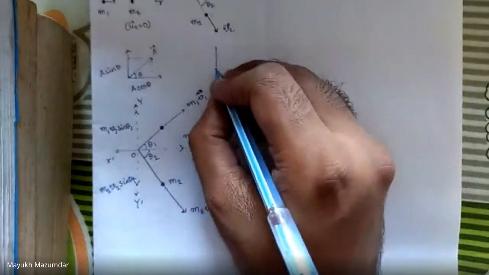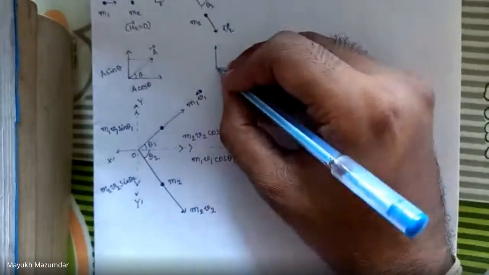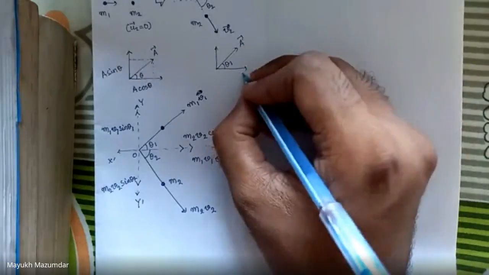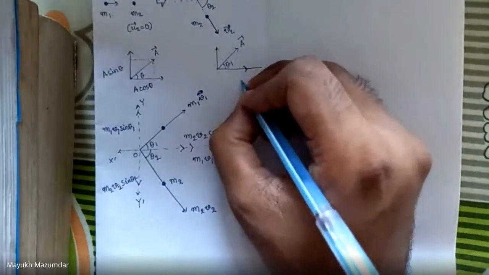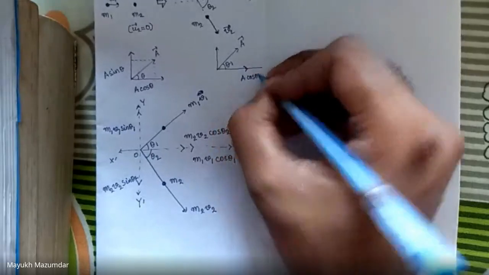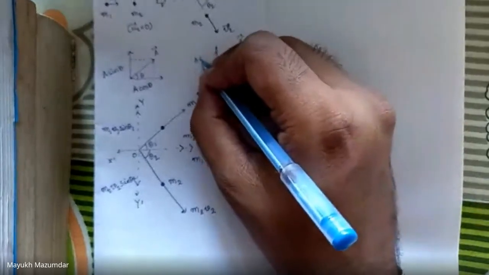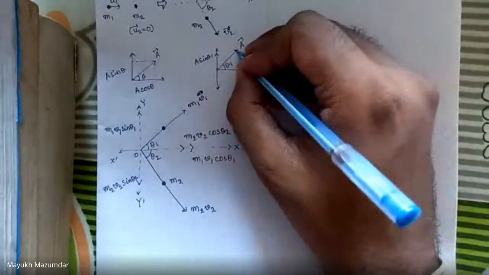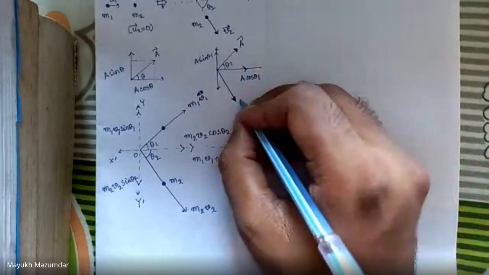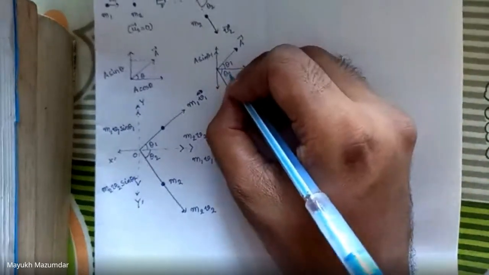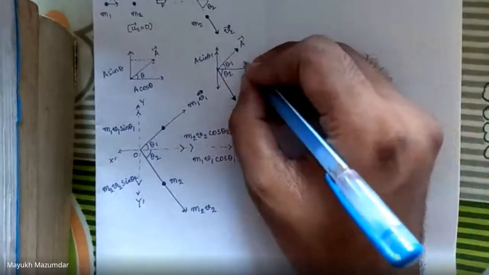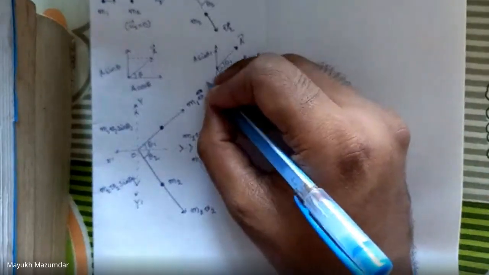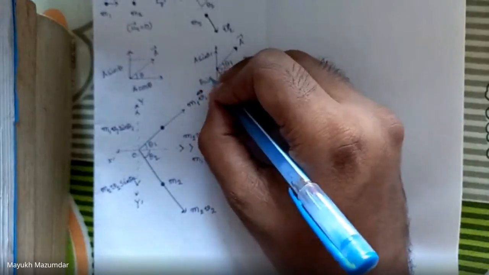What I did, I said I have a vector, say A, making an angle theta 1. I am saying that along this direction I will have A cos theta 1, and along this direction I will have A sin theta 1. And I have another vector, say B, making an angle theta 2. I am claiming that along this direction I will have B cos theta 2, and along this direction I will have B sin theta 2.